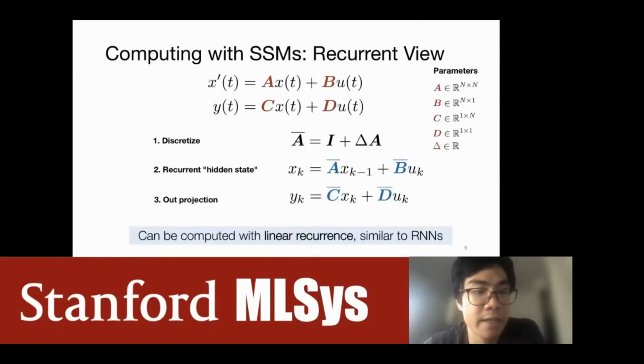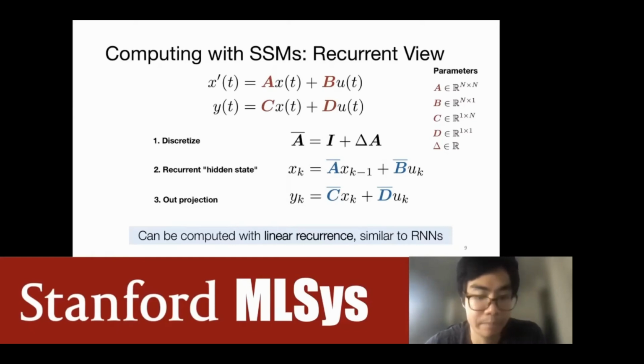And then the hidden state gets projected back out to an output, y. So basically, the original state space model can get transformed into this linear recurrence that has very similar form, but using a slightly different representation, A bar, B bar, C bar, and D bar.